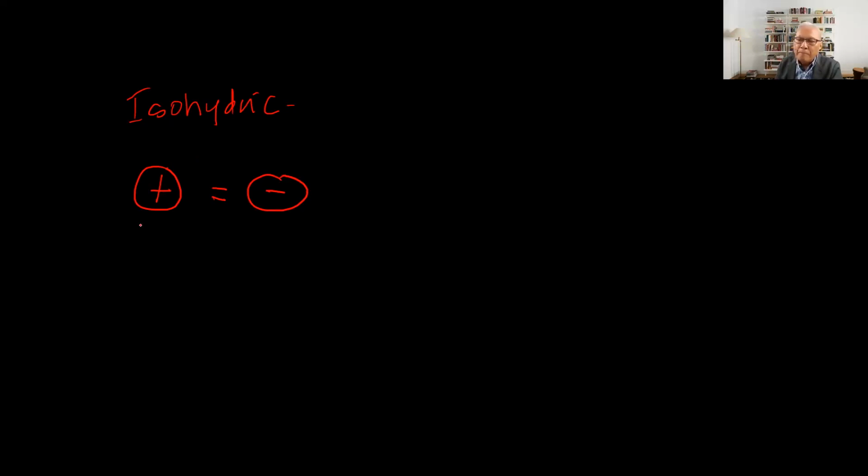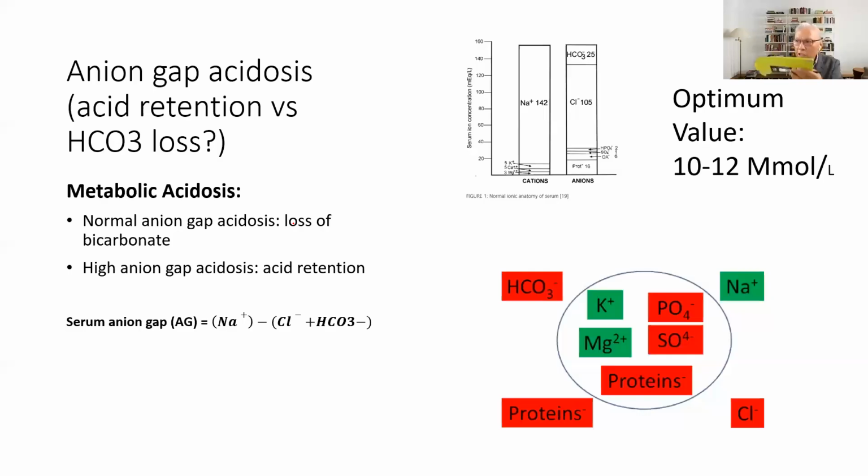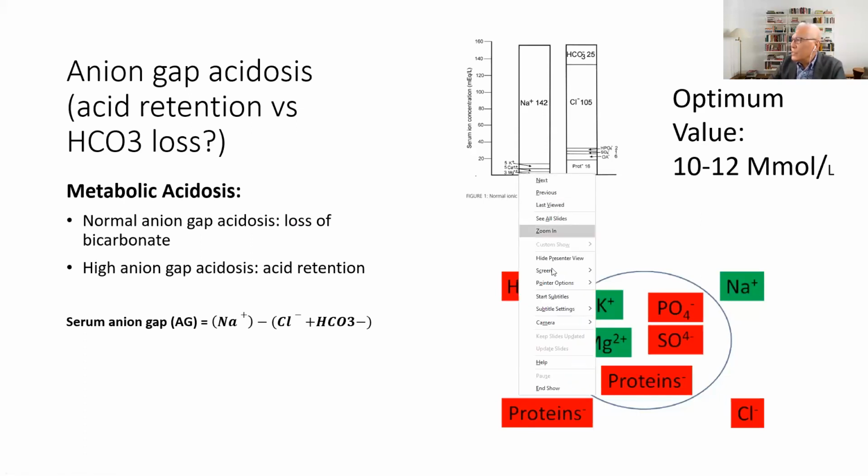So positively charged ions are cations. So cations should always be equal to the number of anions. So it is illustrated over here on this part of the slide right here.